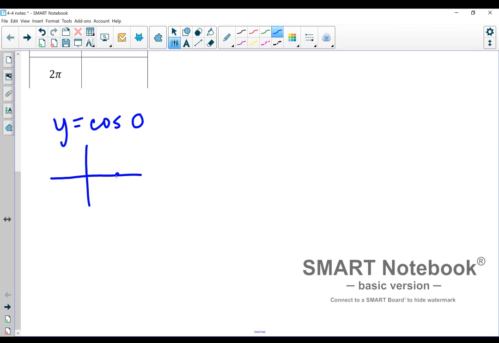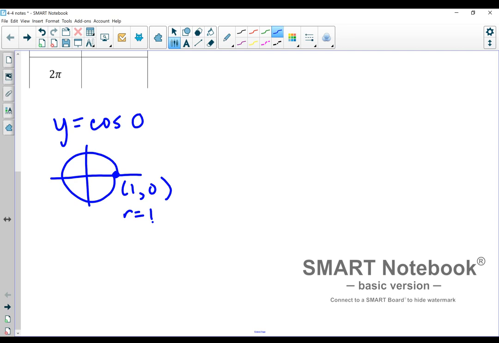Well, at 0 on my unit circle, I know that I have this ordered pair that's 1, 0. And so remember, on my unit circle, if my r equals 1, cosine is x over r, which is 1 over 1. And so my cosine is 1.